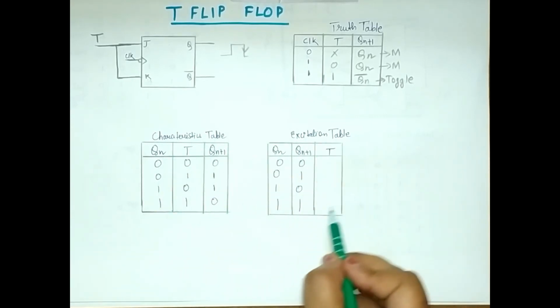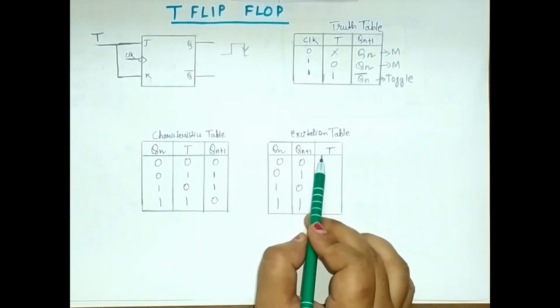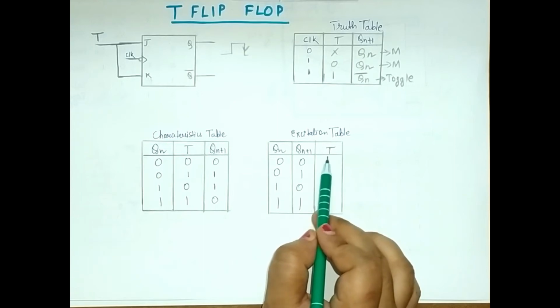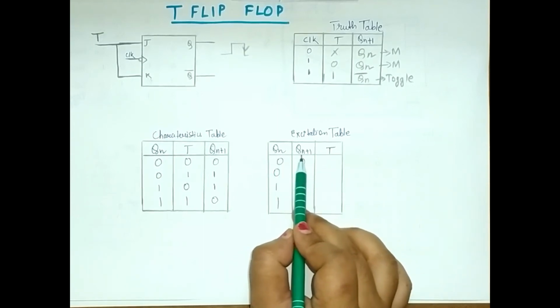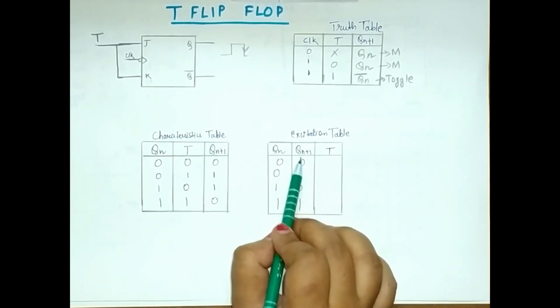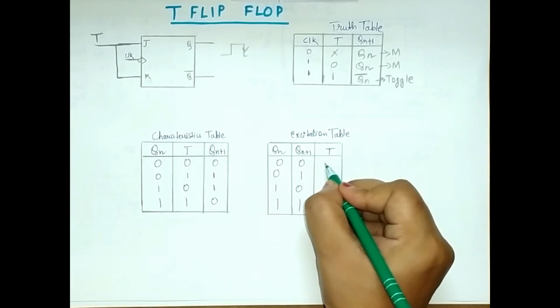Now let us see the excitation table. The excitation table is a table in which we try to find what the excitation, or the input, will be. Here is Qn and here is Qn plus 1. When Qn equals 0 and Qn plus 1 equals 0, the value of T is 0.